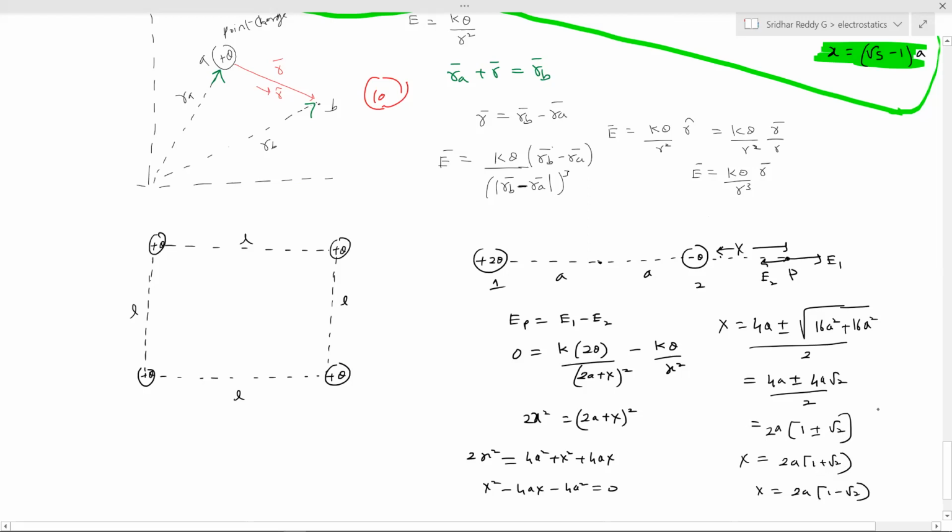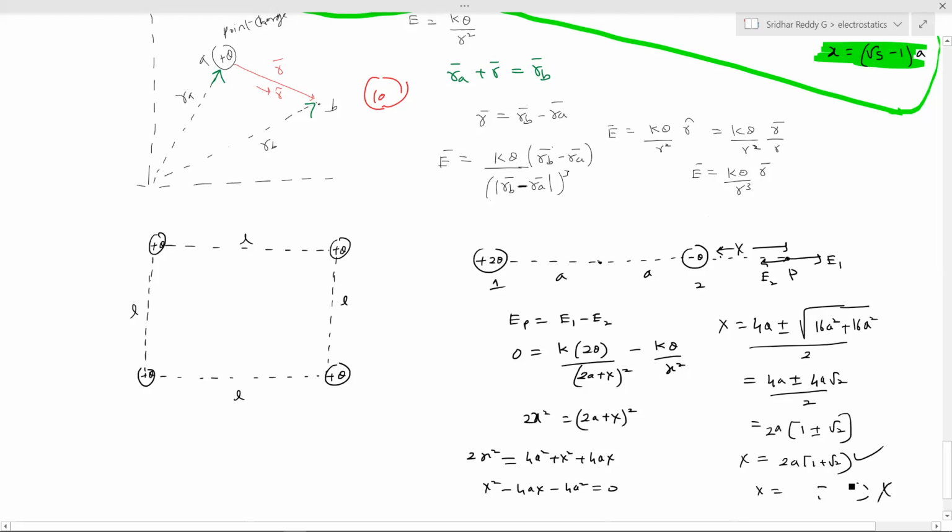What about 2a(1 plus root 2)? Root 2 is 1.41. The other value would be x negative, 2a times minus 0.41, about minus 0.8a. I think this is not possible, so I'll take it out.